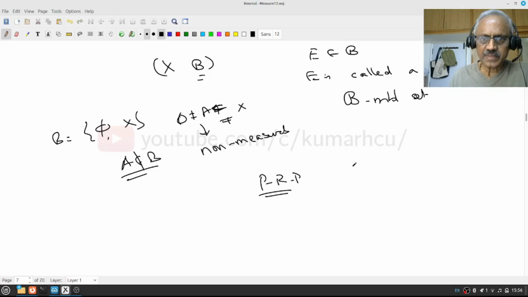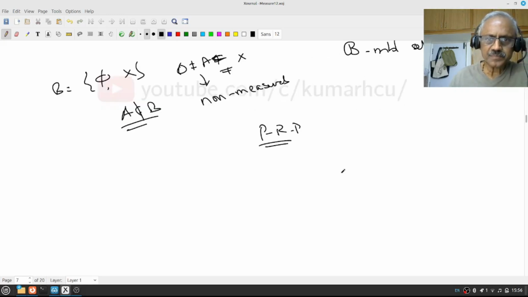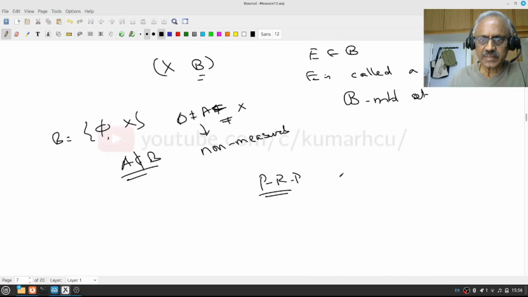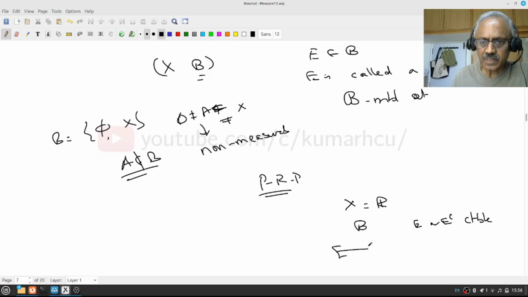For example, let us look at X equal to R. We define a sigma algebra B where E or E complement is countable. So if I start with the interval (0, 1), that is my E, then E complement is (minus infinity, 0] union [1, infinity).